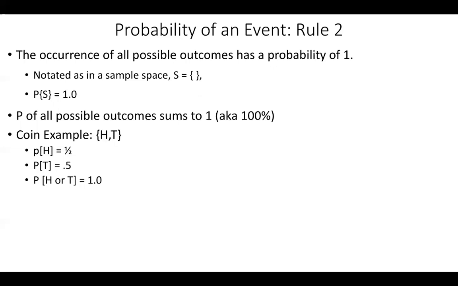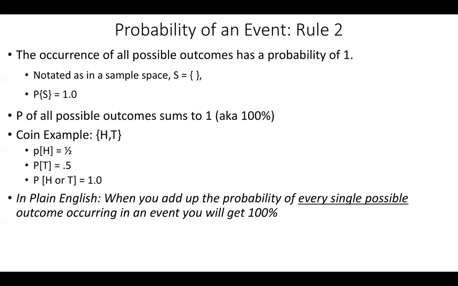The probability of landing on heads is 1/2 or 0.5. The probability of landing on tails is 1/2 or 0.5. And therefore, the probability of either outcome occurring, or the full sample space, is equal to 1. So that's the notation.